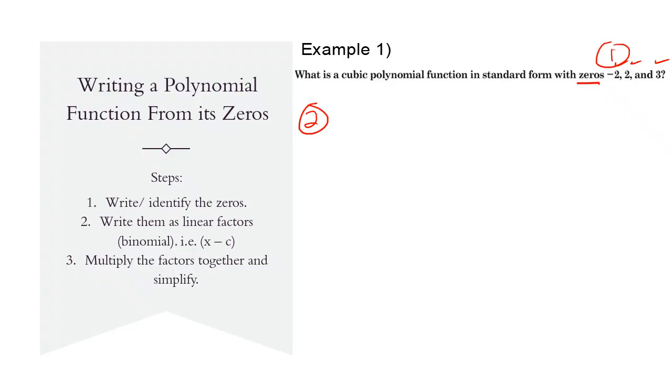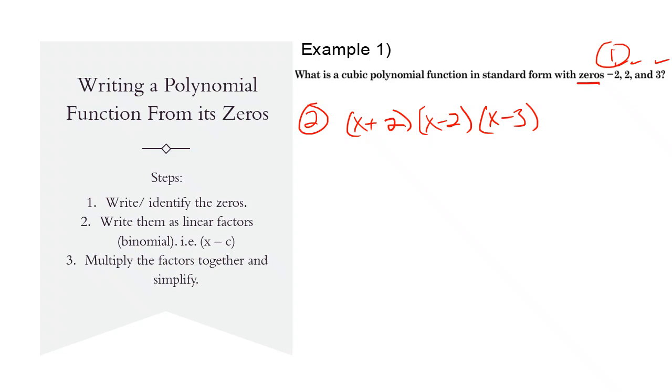Our first zero is -2, so its linear factor is x plus 2, not 3. Our next zero is 2, so its factor is x minus 2. And our last zero is 3, so we'll have x minus 3. Now you have your linear factors.